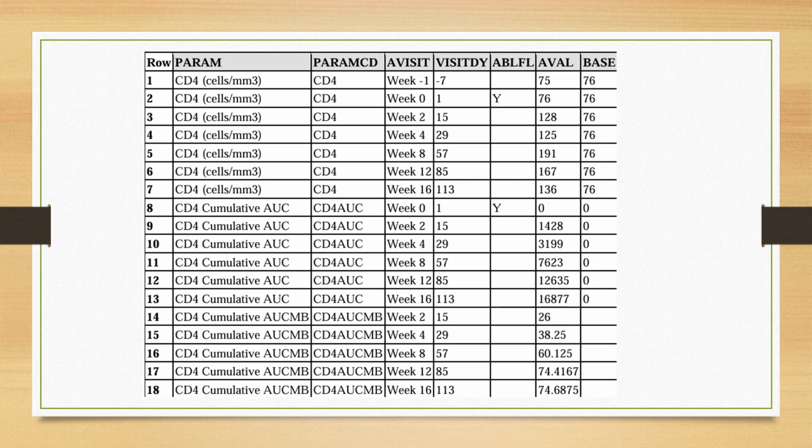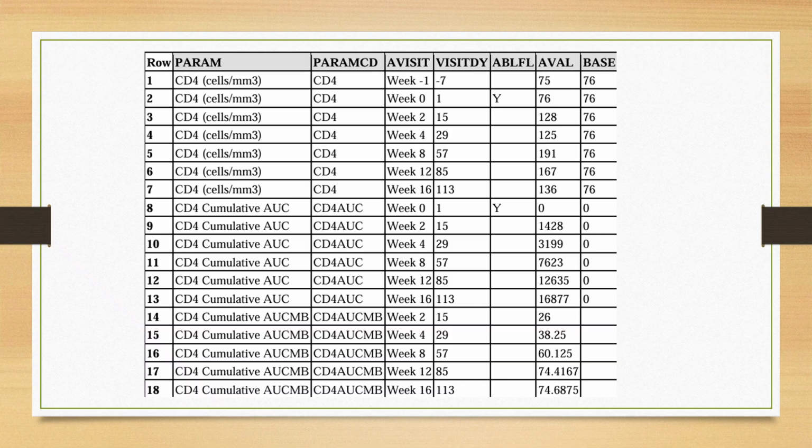To assess efficacy, it is important to look at the cumulative effect over time of CD4 cell count during follow-up after administration. So we have to create new parameters, CD4AUC as well as CD4AUCMB, and these two parameters are a function of AVAL based on its time and the visit day.